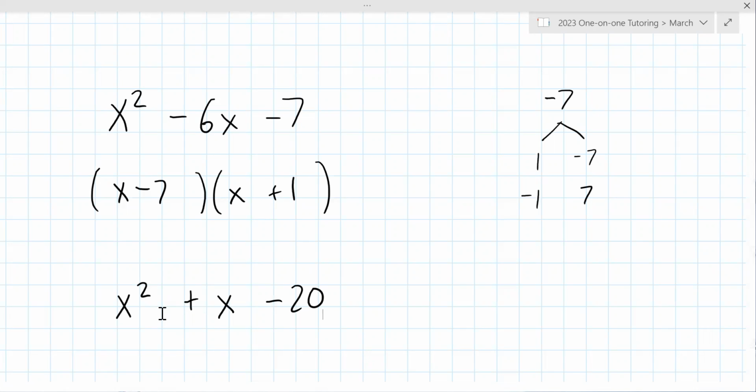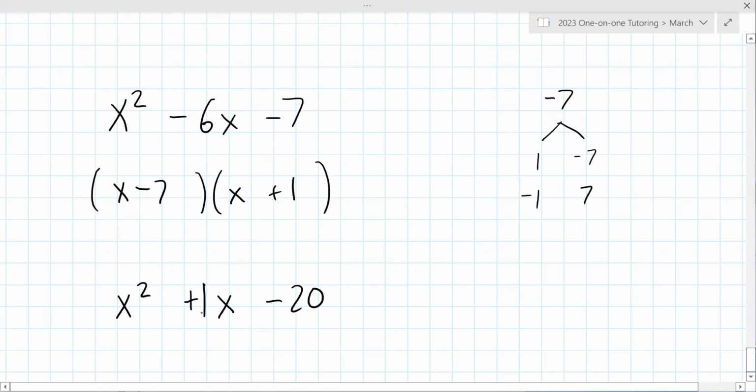So for 20, -20 and 1. Two and -5, -5 and 2. So I have to get it to positive 1, yeah, positive 1.